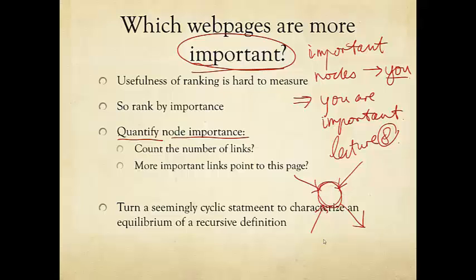In this case, there are 3 links pointing into this node, so we call this the in degree. And the out degree is 1, because there's just one link pointing out of this node, and the total degree of this node is 4.